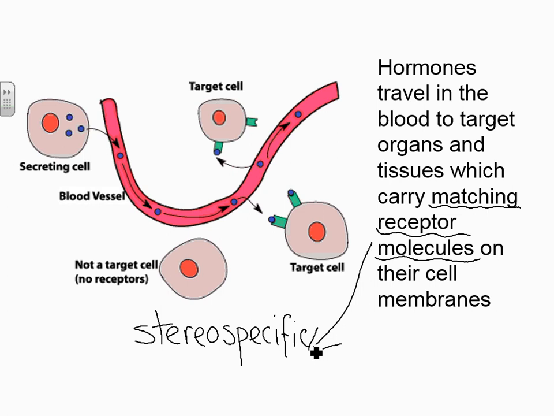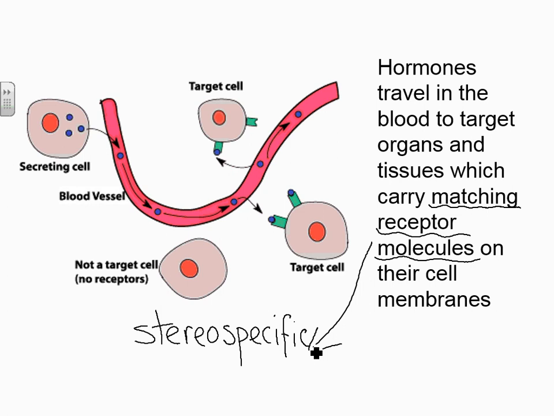These are the proteins that are embedded in the cell membrane, so they're part of the structure. But the two cells there have these little green structures that represent the stereospecific receptors with little rounded areas on the end of them which can receive the blue molecules, and they fit in. So this hormone can't affect the non-target cell, but it will affect the target cell because that's got the appropriately shaped receptors on it.